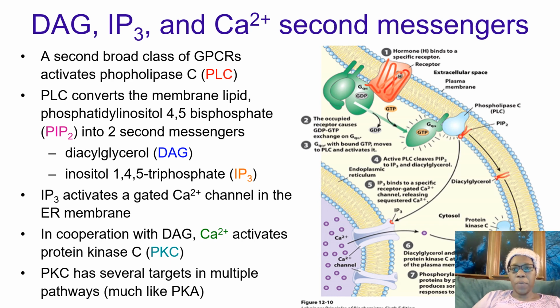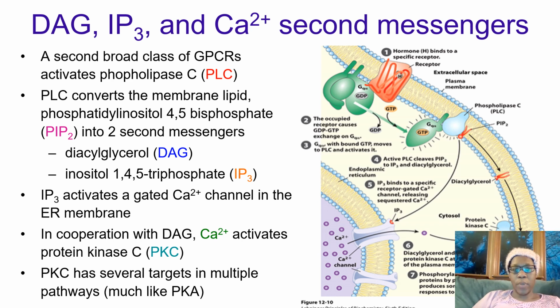That IP3 is going to be our second messenger. That second messenger is going to bind to a calcium channel within the cell. That calcium channel is going to be opened up and it's going to release calcium.